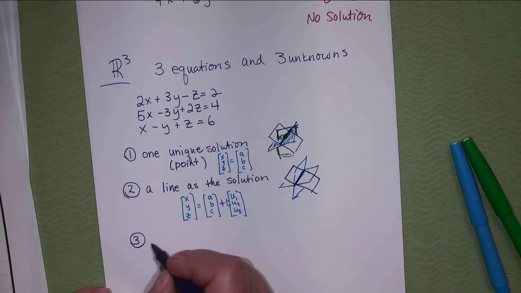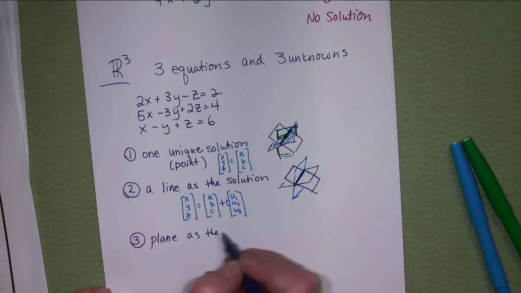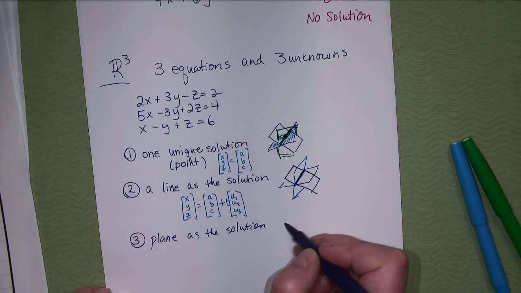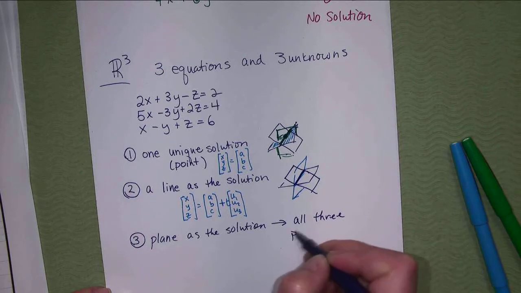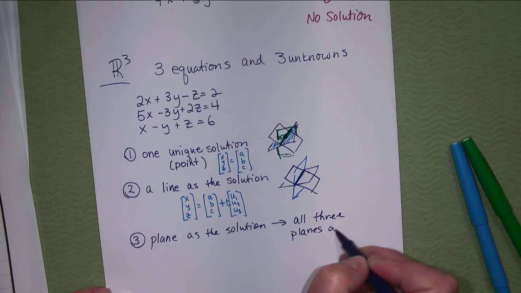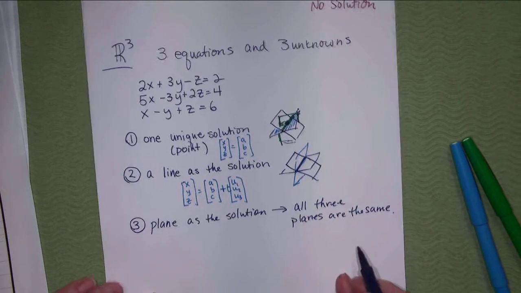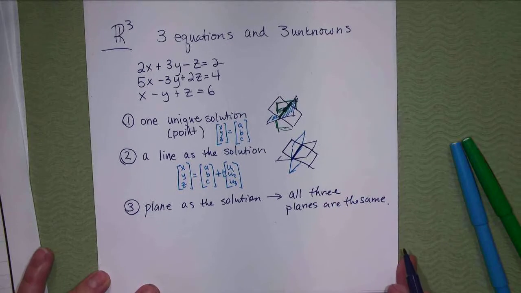So let's write it down. So that would be all 3 planes are the same. So I probably wouldn't give you that ever, but it is a possibility, right? If we disguise 2 planes.